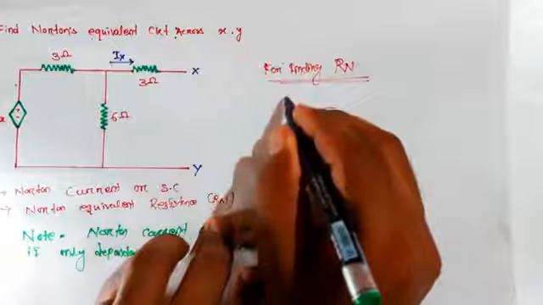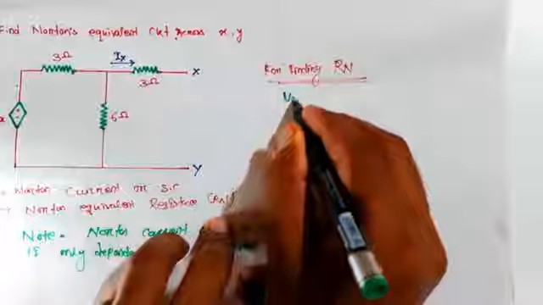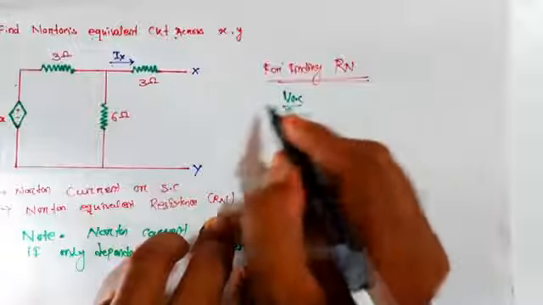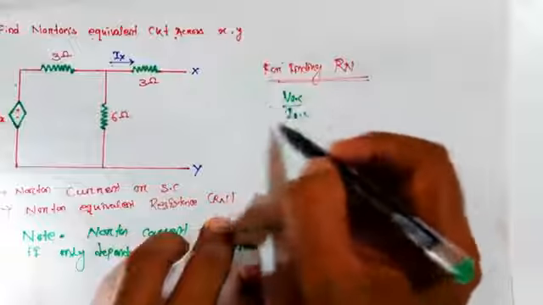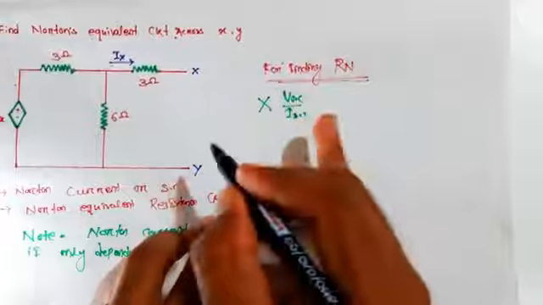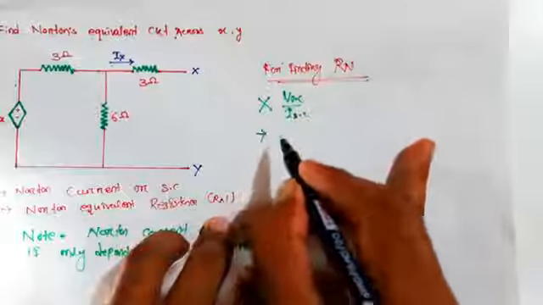One is open circuit voltage divided by short circuit current. It cannot be determined because we cannot find the open circuit voltage and short circuit current, so this method is not acceptable here.